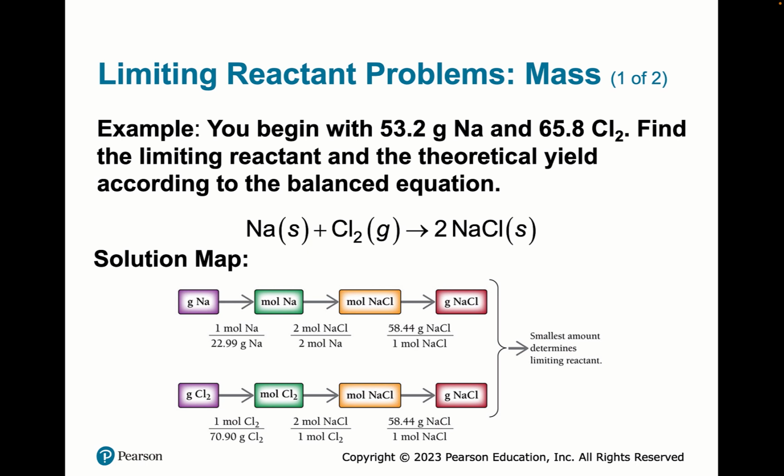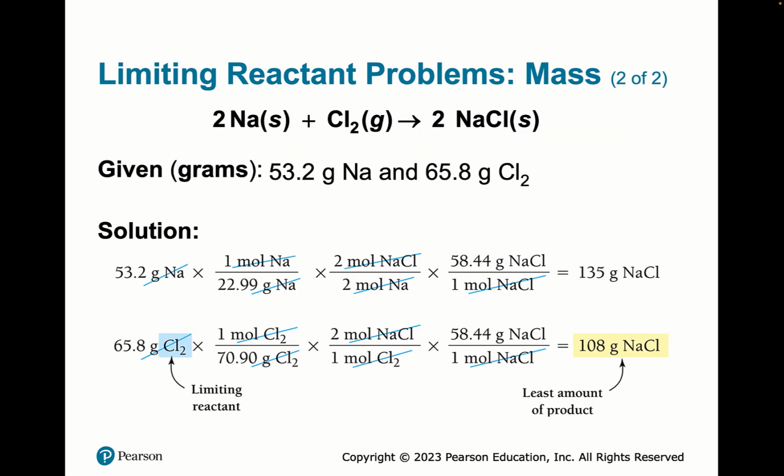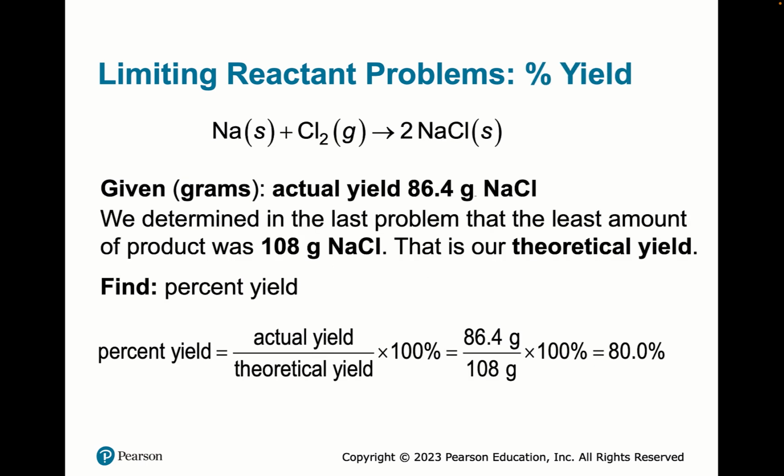Then the smallest amount determines the limiting reagent. You can stop at moles of sodium chloride if you want, or you can keep on going to mass. I like that they're going all the way to mass. Putting in the missing spots, you can see that the chlorine is in fact the limiting reactant here.